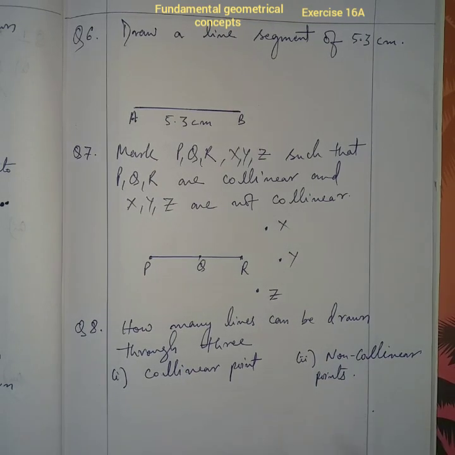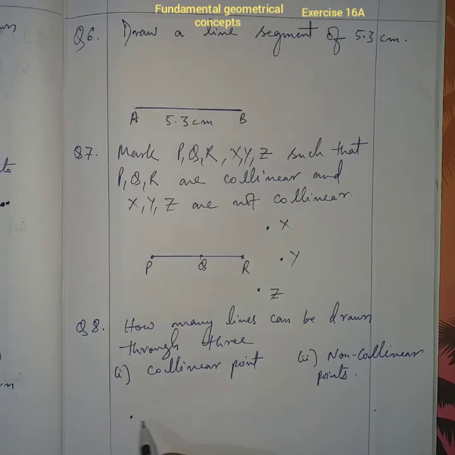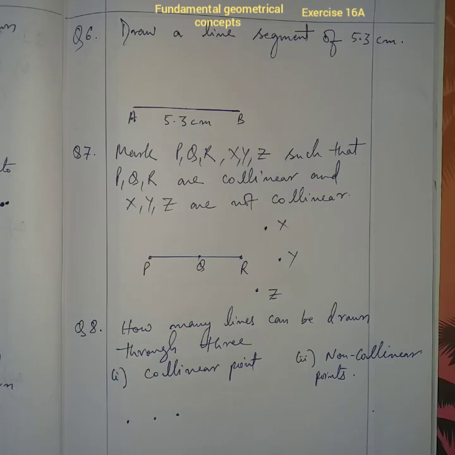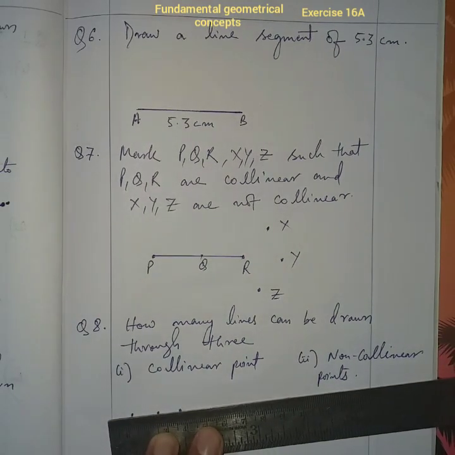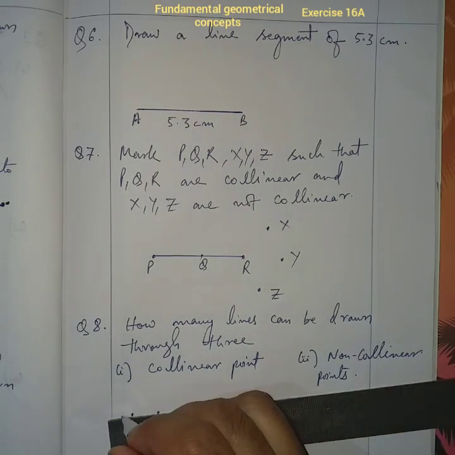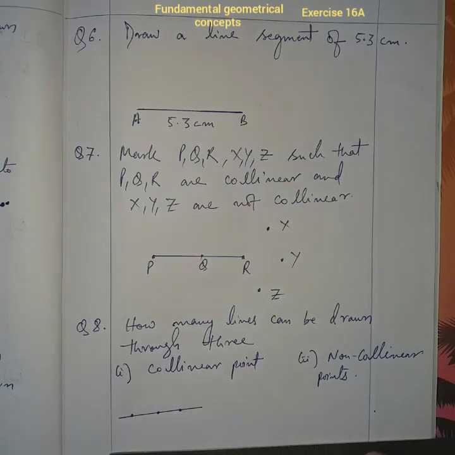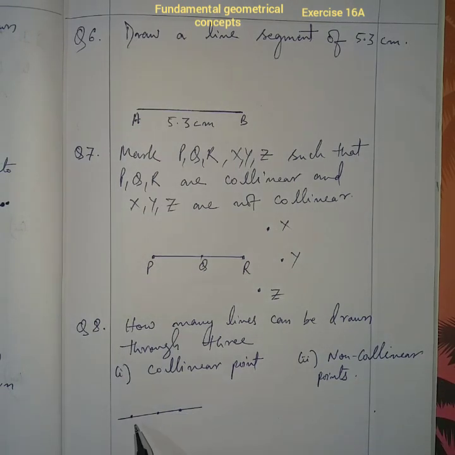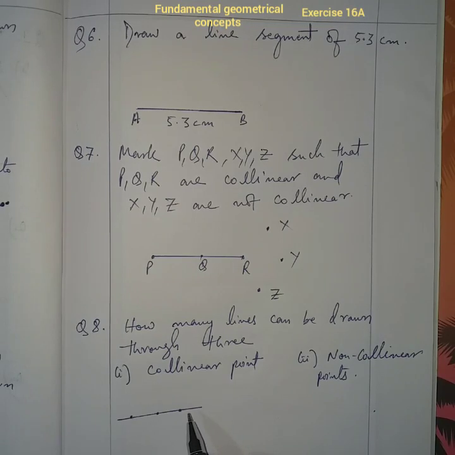So here you can see, suppose these three are collinear points. Okay, so only one line can pass through these three collinear points, lying on the same line. So one line can only pass through these three points.